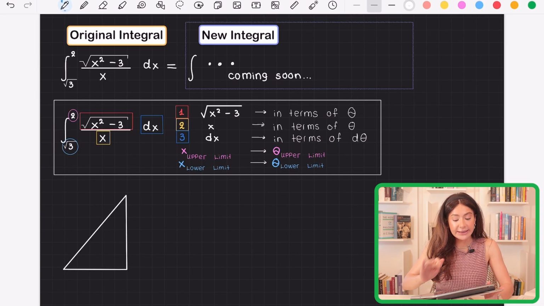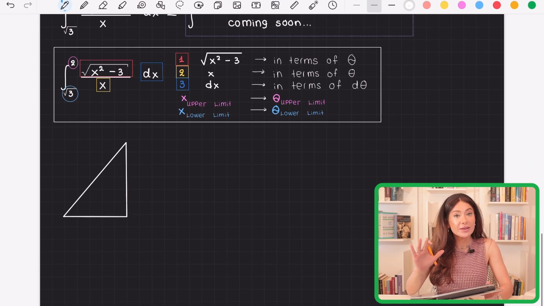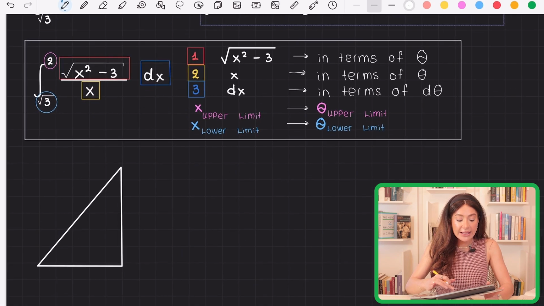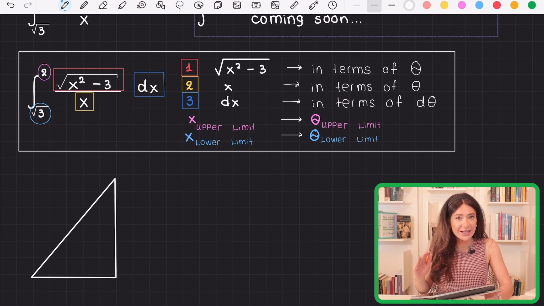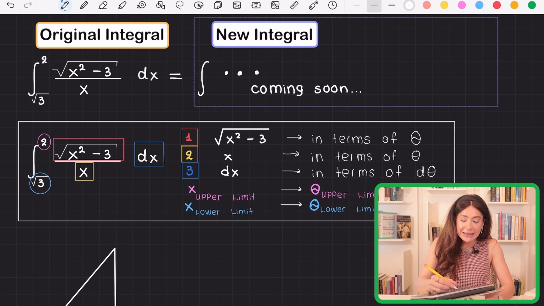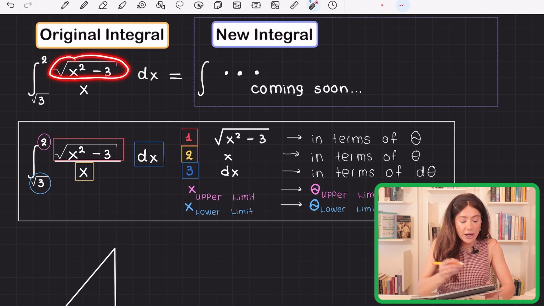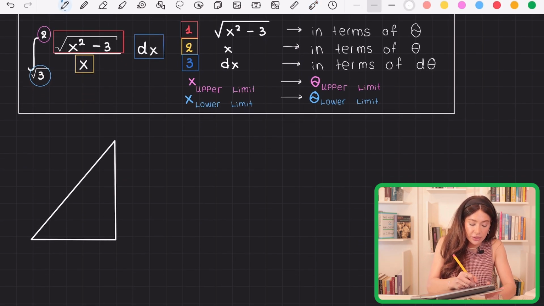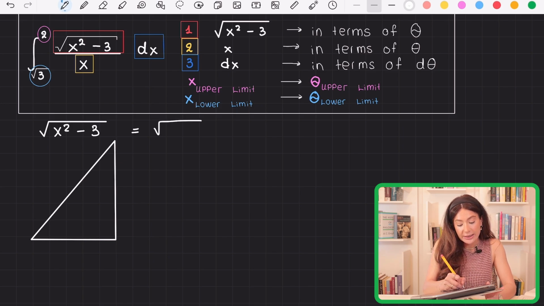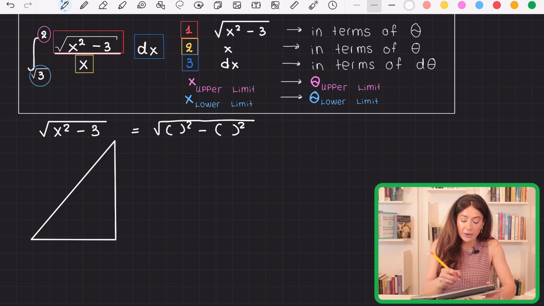As I mentioned, this is a trig substitution, so obviously you're going to need a triangle. And for the purposes of determining sides of the triangle, you only need to look at this part of this integral, okay? Just what is under the square root. And here's why. Because what you have under the square root is something squared minus something else squared, okay?